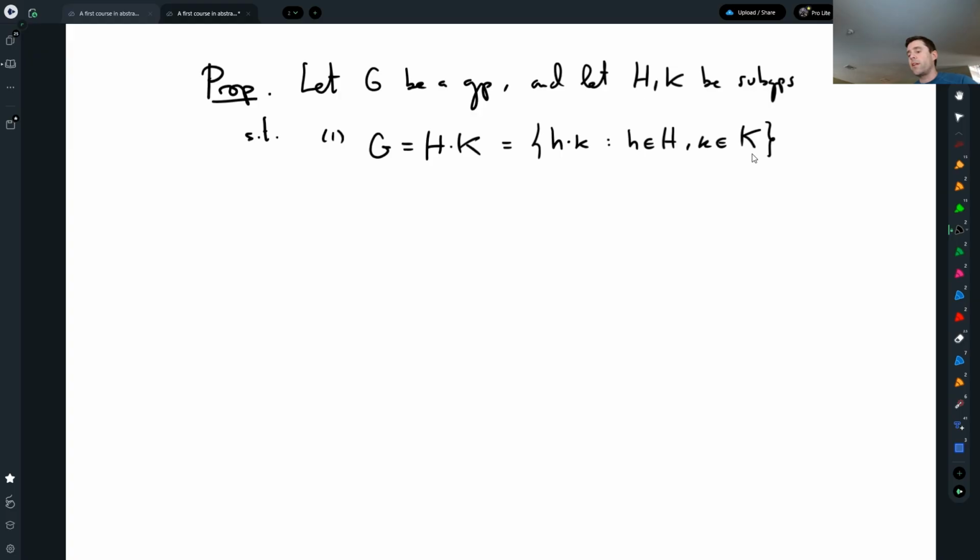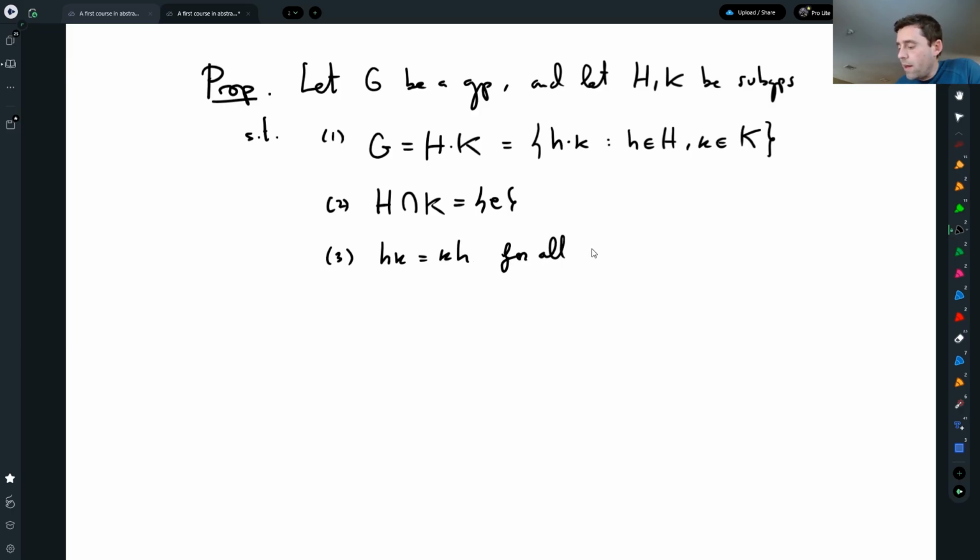Okay, it has to be exactly in that order. That is an element of H times an element of K, and that set has to give you back all of G. Two, that H intersect K is the identity, and three, that K and H commute, that is, hk equals kh for any h in H and for any k in K.